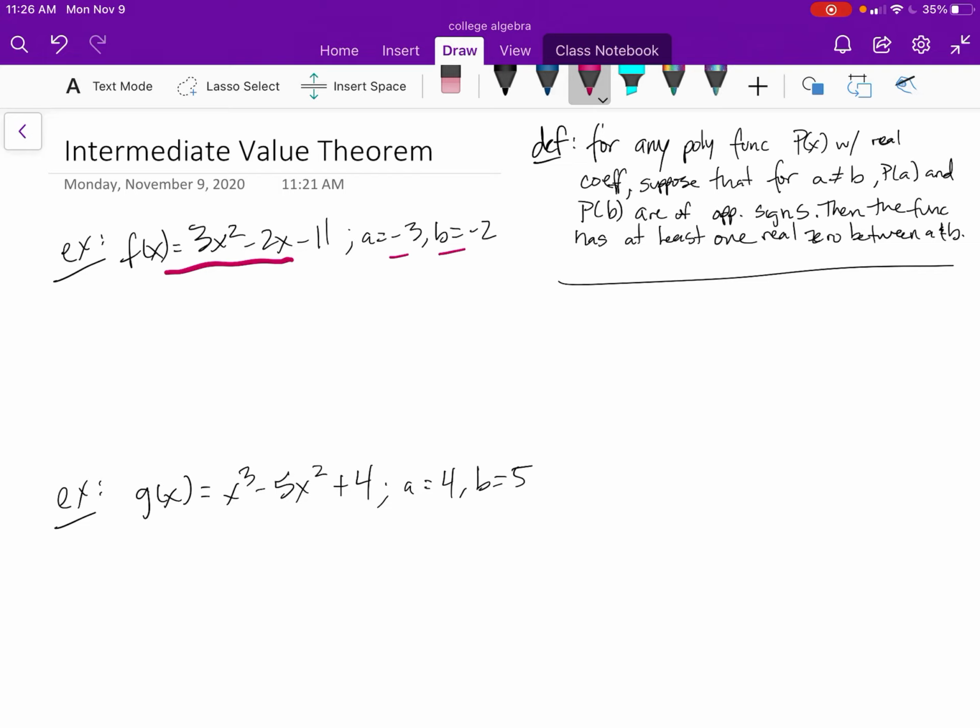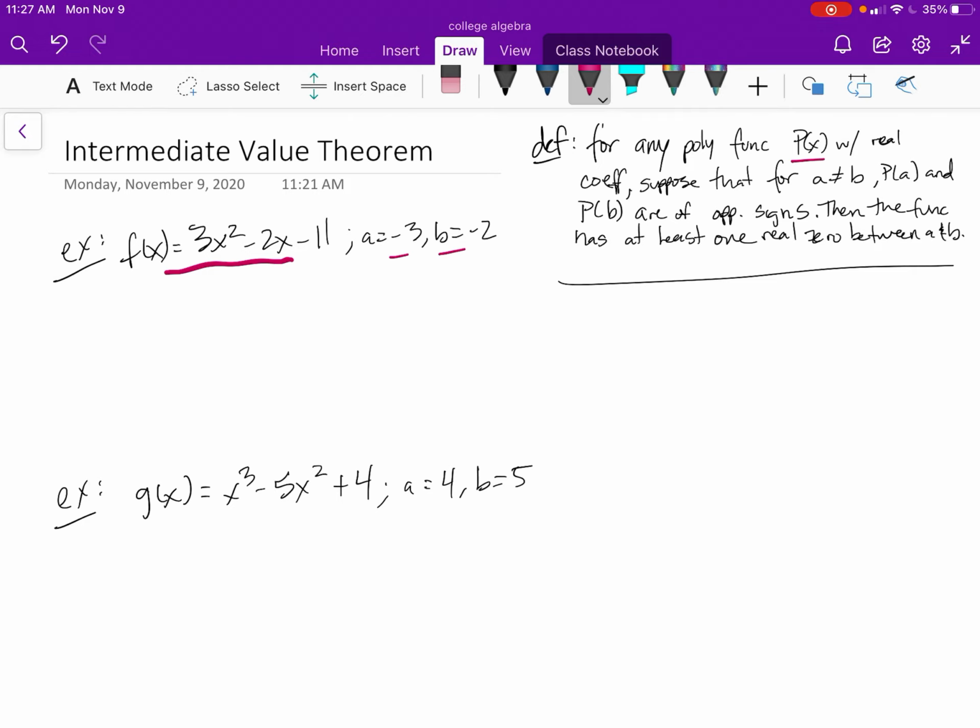For any polynomial function we call p of x, it's semi-normal to use the abbreviation p of x to say it is in fact a polynomial, right? The p. And remember, that means there are no negative exponents. There aren't any rational exponents that are not whole numbers, like a 1/2 power, right?